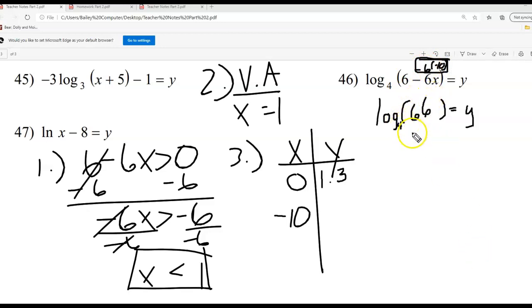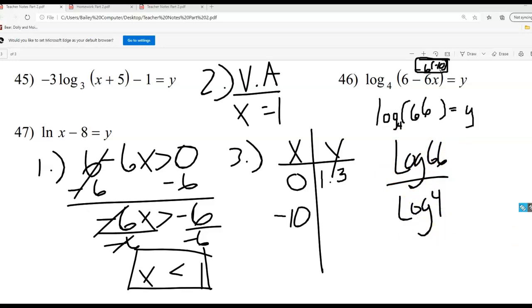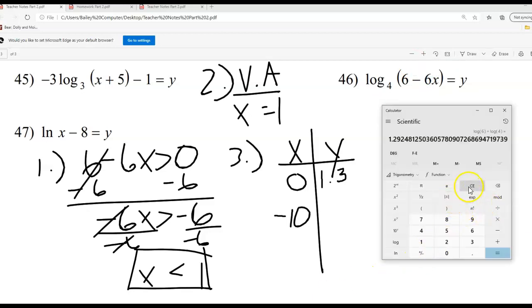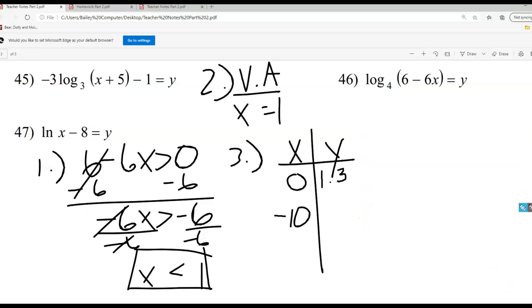Once again, we're going to do our change of base, so it's log 66 divided by log 4, and that will give us our final point that we needed. And that one's about 3.